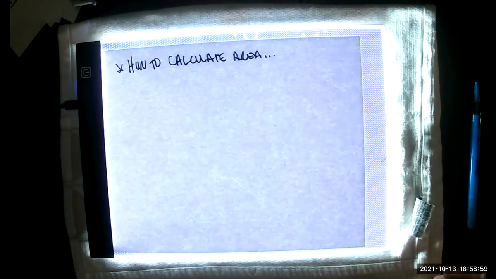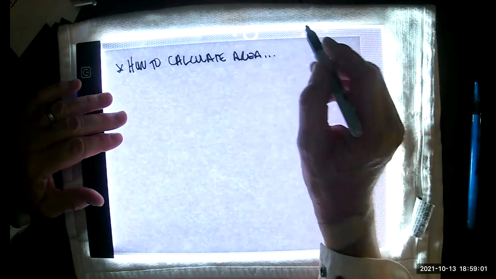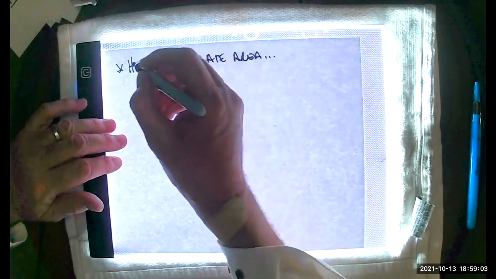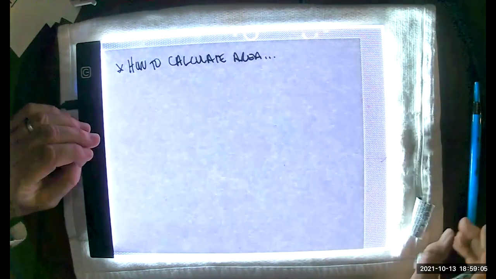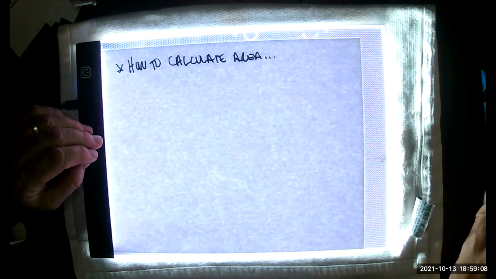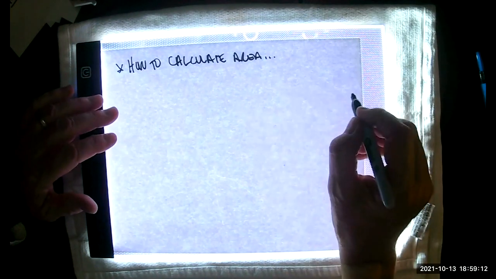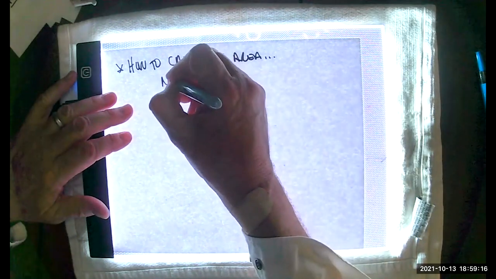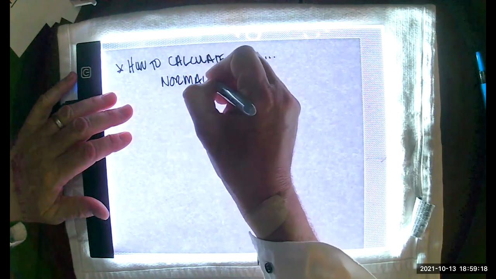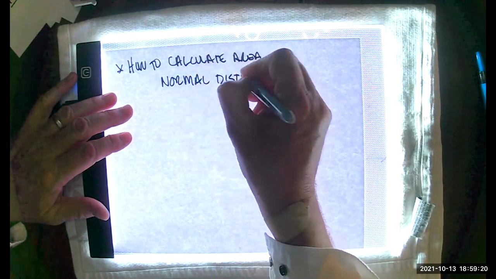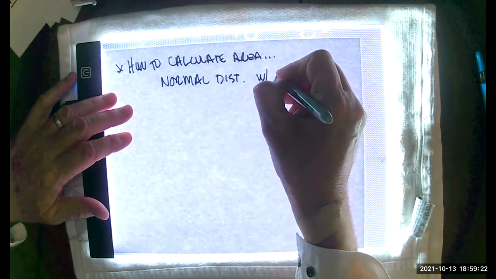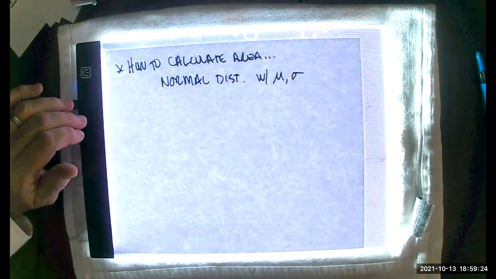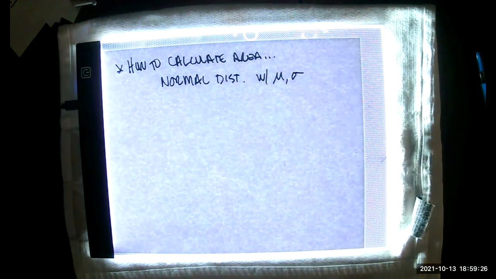First off, as I say, I'm going to need to draw those pictures. But what I'll really need to do is to make sure I've got a normal distribution, and for that normal distribution, I will need the mean and the standard deviation.